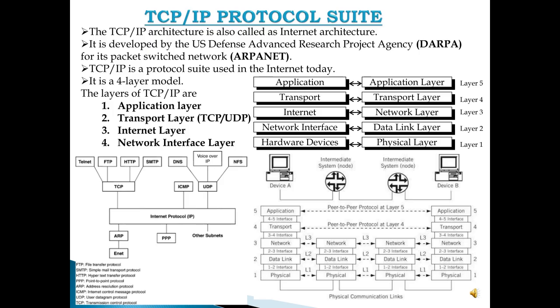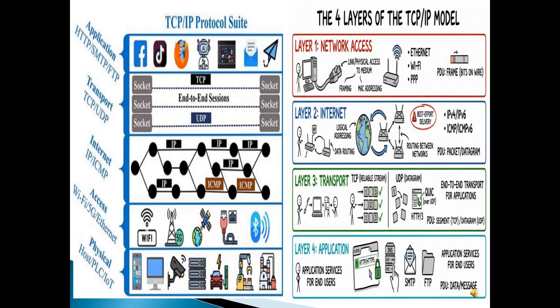So here we can see the specified architecture. You can just go ahead and pause the video here and look into the specified formation, how that transmission occurs. Now we can see different formations. One is for the TCP/IP protocol suite, and another is the TCP/IP model.